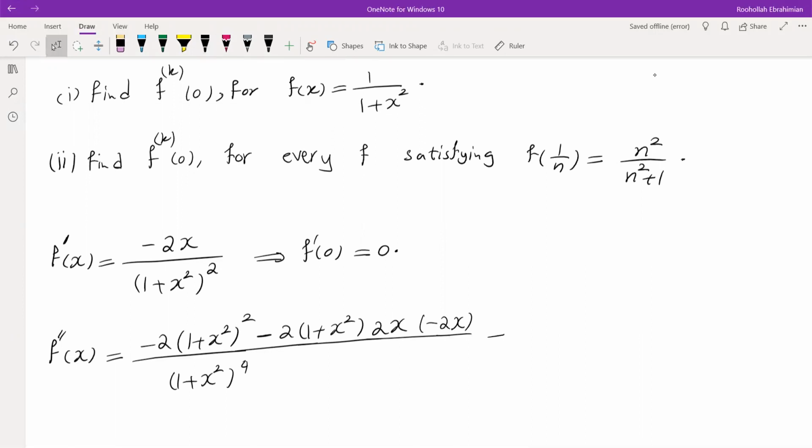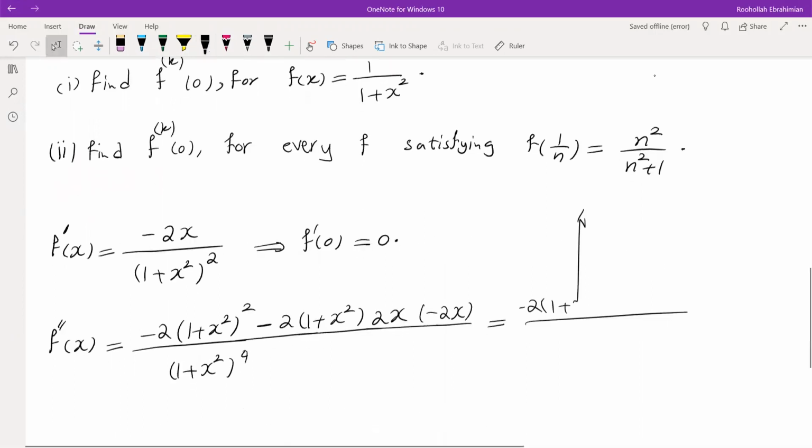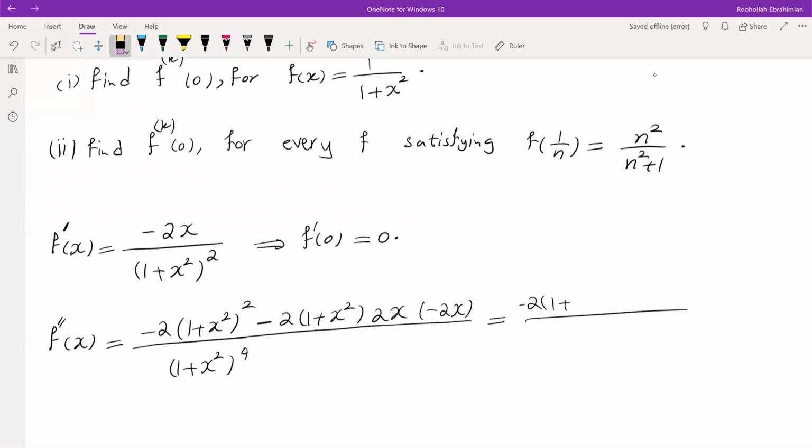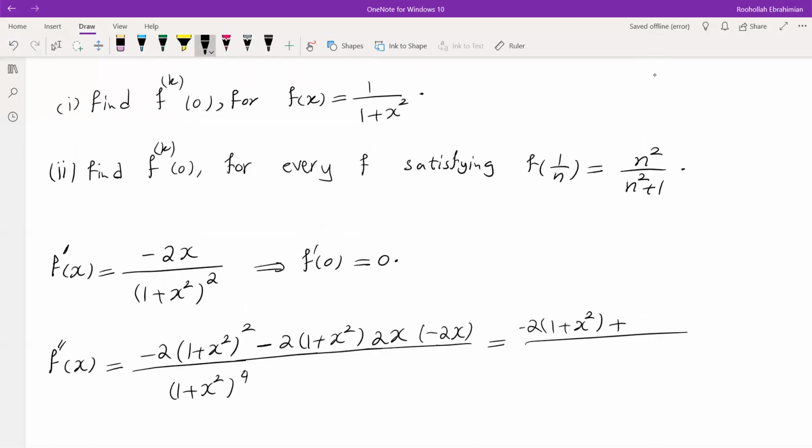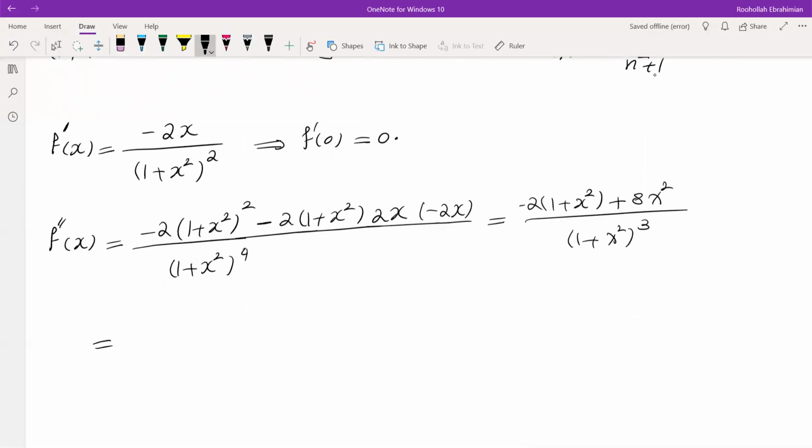So we can simplify that, and we get -2 times 1 plus x squared plus 8x squared over 1 plus x squared cubed. So we get 6x squared minus 2 over 1 plus x squared cubed. So that's f double prime of x, which gives me f double prime of 0 equals minus 2.